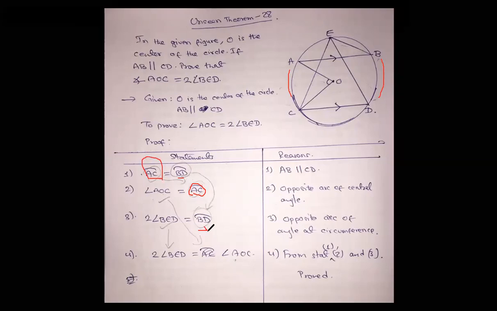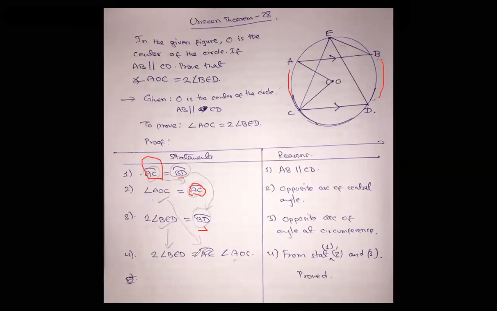So if this is equal to this, and this is equal to this, that means AOC equals arc AC, you can write AOC. Okay, so BD is equal to 2 BED. Cancelling that, this is equal. That means if these two are equal to each other, and their values are the same, we can write that this and this are equal to each other. Okay, so in this way we can prove it.